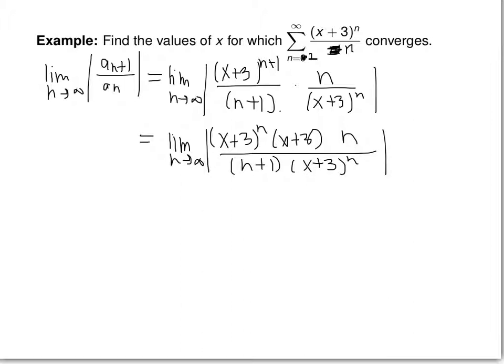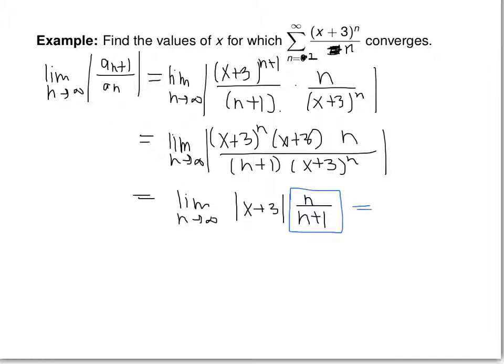Now the x plus 3 to the n's cancel, and we have the limit as n goes to infinity of the absolute value of x plus 3 times n over n plus 1. And the absolute value of x plus 3 is just some kind of constant. This limit as n goes to infinity of n over n plus 1 will be 1. So the limit of this expression is just the absolute value of x plus 3.